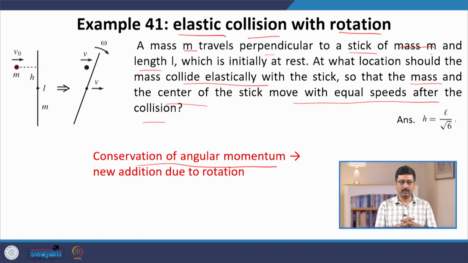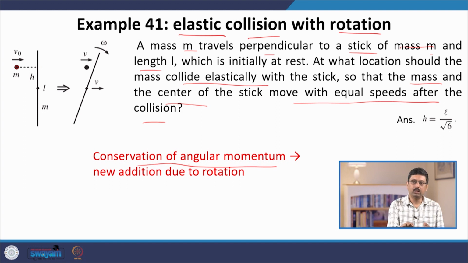So, let us understand what motion we are trying to analyze here. This mass m, a ball, comes and hits the stick, and after the collision the ball continues moving in the same direction with some velocity v, which will now be different from the velocity before the collision because of the conservation of momentum. The stick, which was initially at rest, will now start moving.